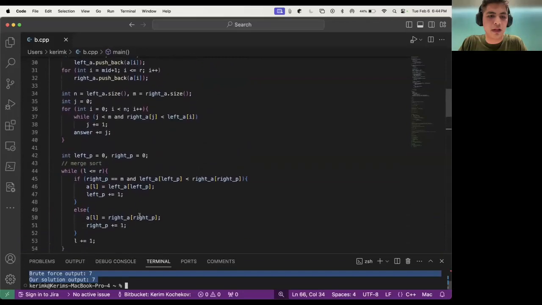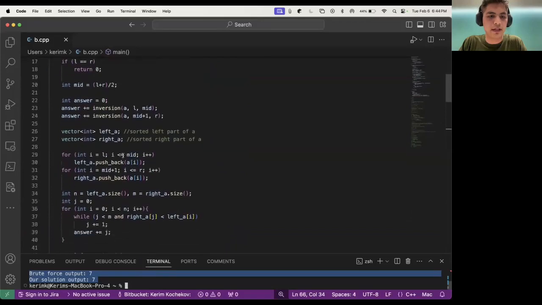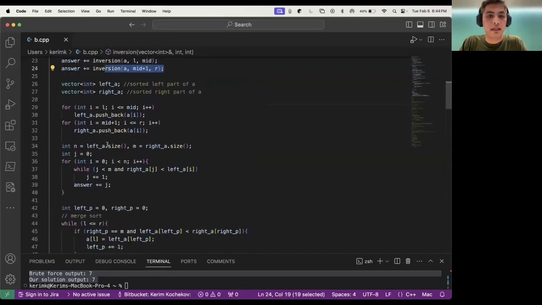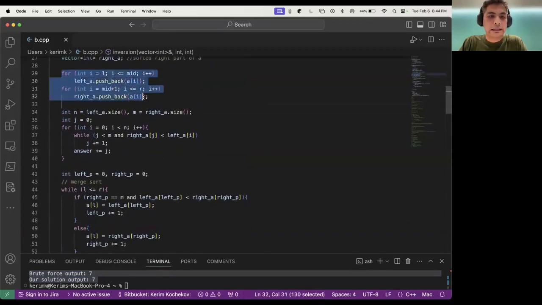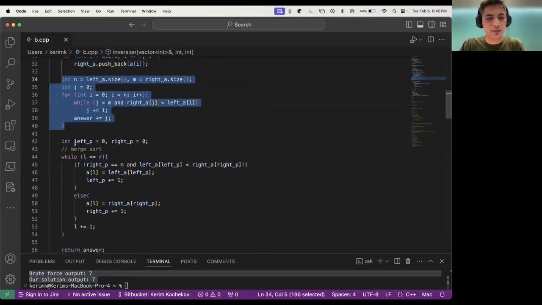If we come to the analysis of the time complexity, as I said, we just divide the array into two parts, and we call recursively on each half of the array, twice. Later, we separate these arrays into left and right parts, and we count the number of inversions with this linear algorithm.